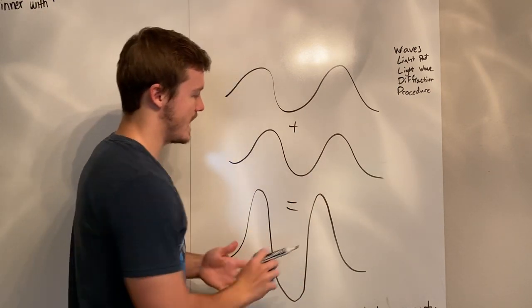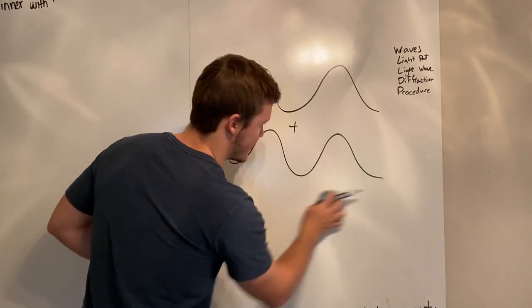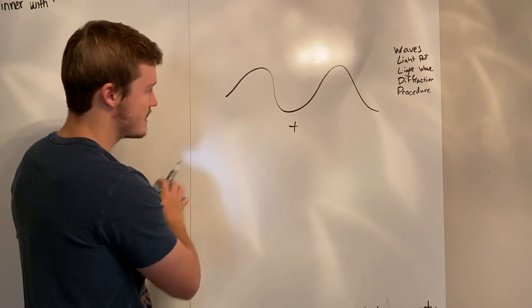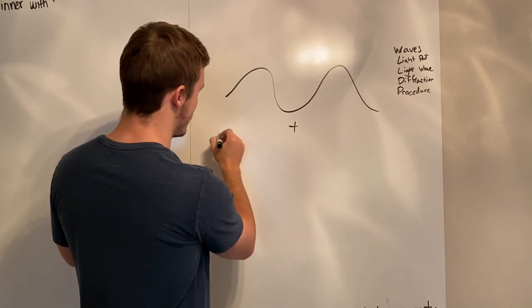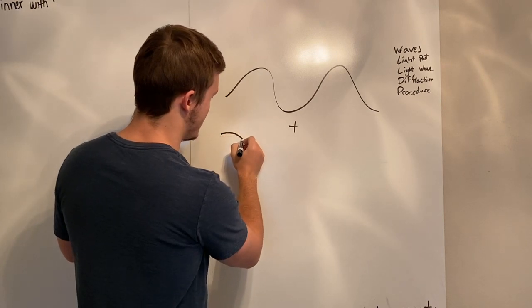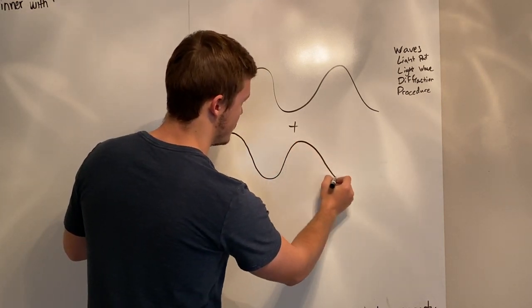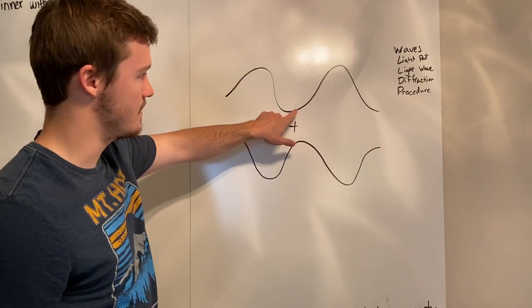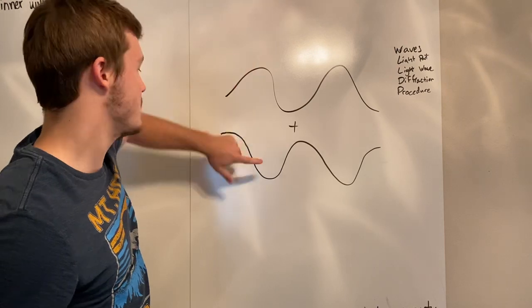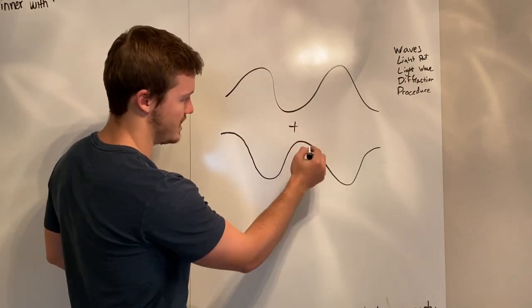But there's another way we could add these up. What if my second wave instead looked like this? A similar shaped wave, just offset a little bit. So I'm going to say it starts here and it goes down and goes up and goes down and back up. Now you can see that there's a peak lined up with a valley. Basically, our peaks lined up with valleys and our valleys lined up with peaks.